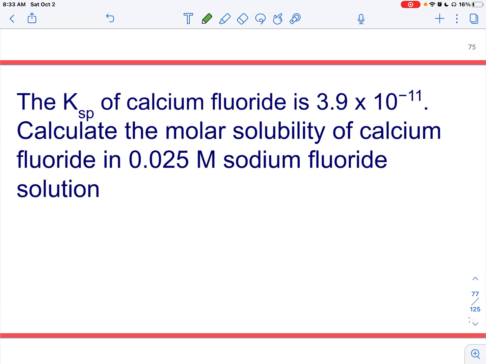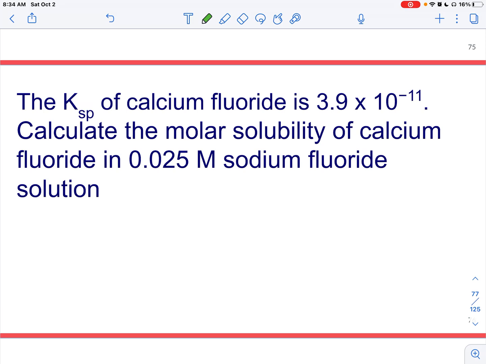So this time, instead of finding it from grams of sodium fluoride, we're finding it from moles of sodium fluoride. So it's actually a little bit easier than what we were doing before. Okay?